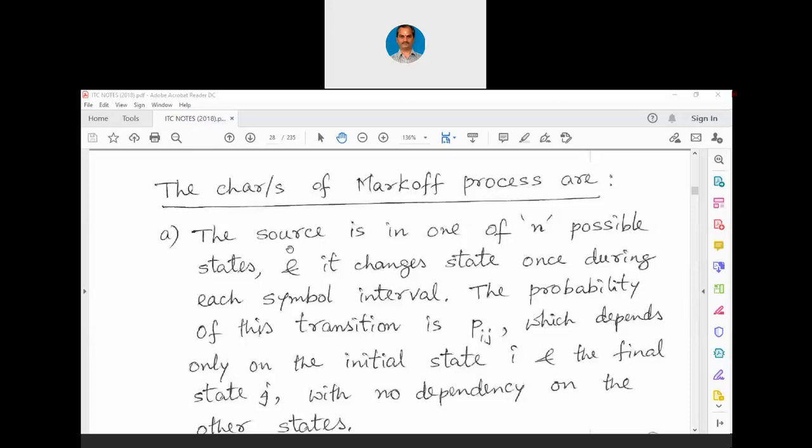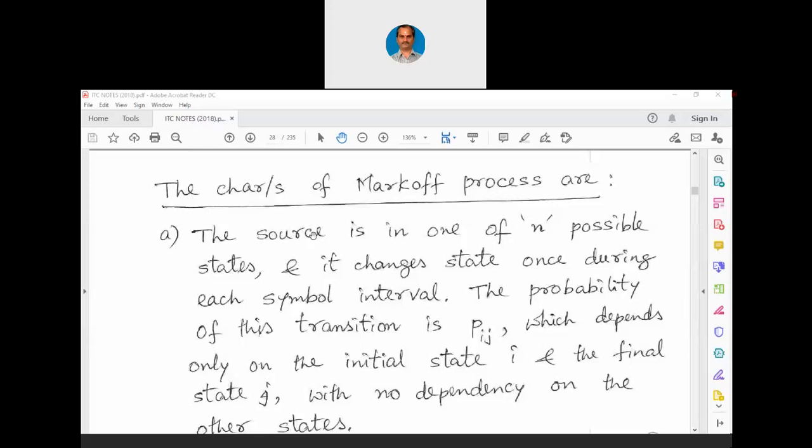In the same way, a communication source will have n possible states. For example, a telephone exchange will have n possible states. That n can be 1000, 10,000, 1 lakh, 10 lakhs, 1 crore. It can be any number. It depends on that particular source.